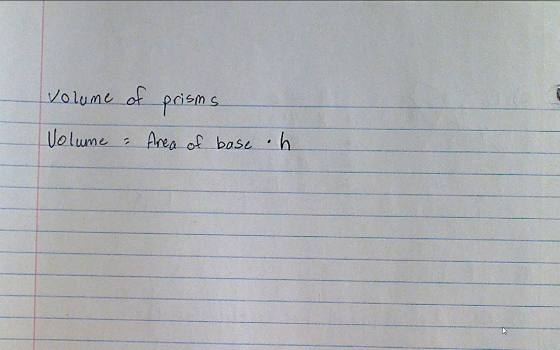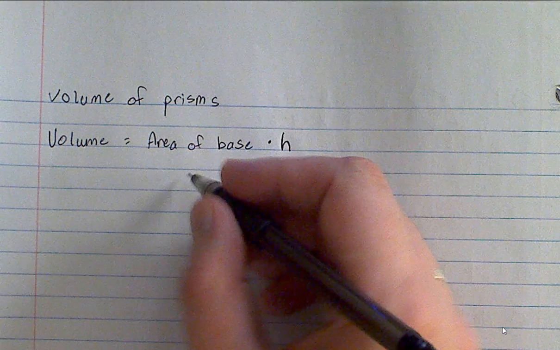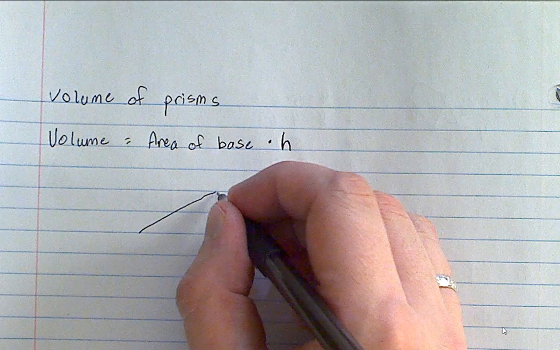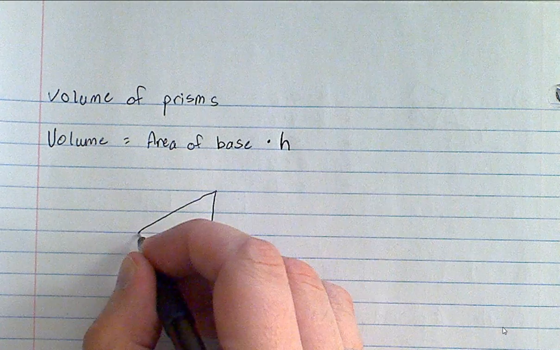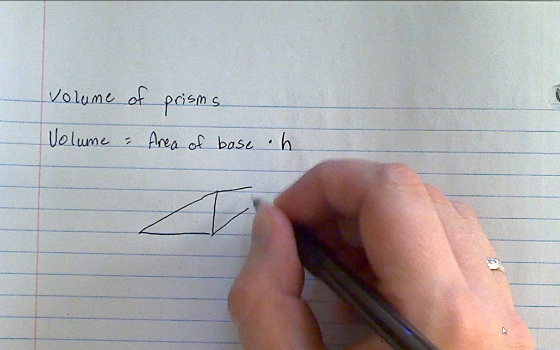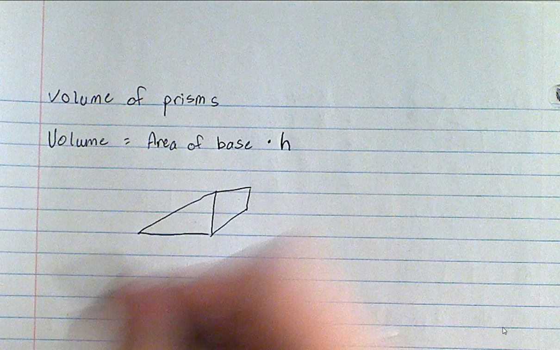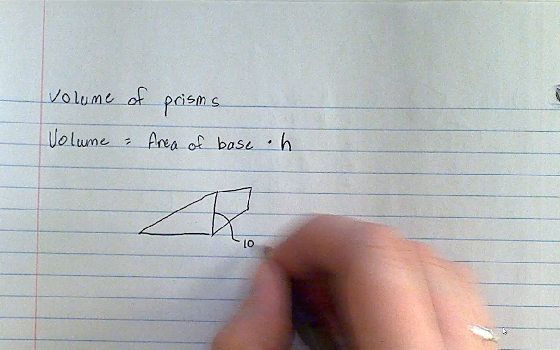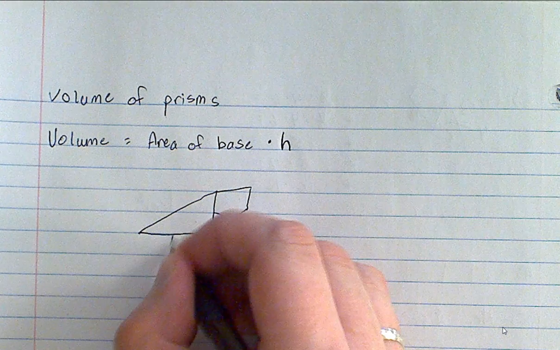So for example, I'm going to start with a triangular one here because you guys could probably all do rectangular ones just fine. I'm going to draw a triangular prism. I'm going to say that the height here is 10 feet. The base here is 20 feet.